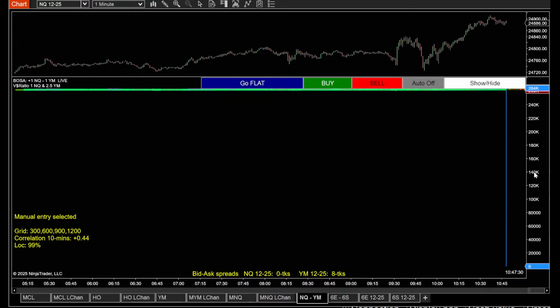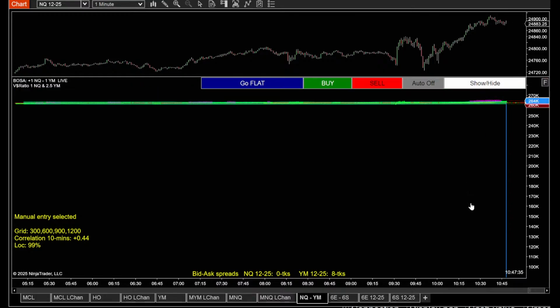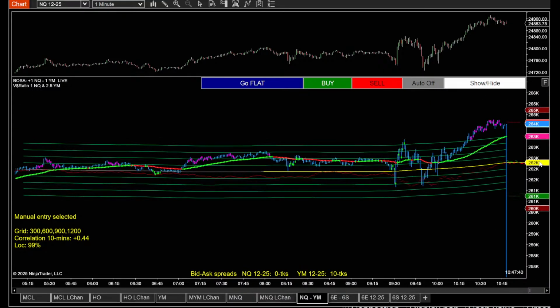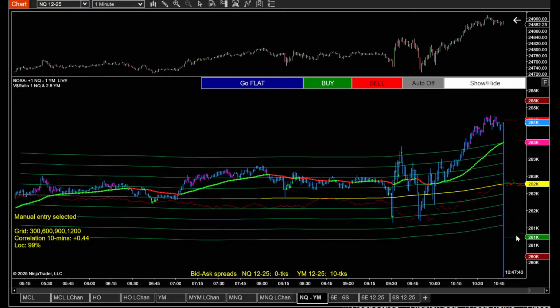Okay, so the range of the movement from the high to low price, expressed in equity change value, is, let's say, $300. Well, the NASDAQ is a pretty volatile instrument, perhaps $1,200 in equity change.